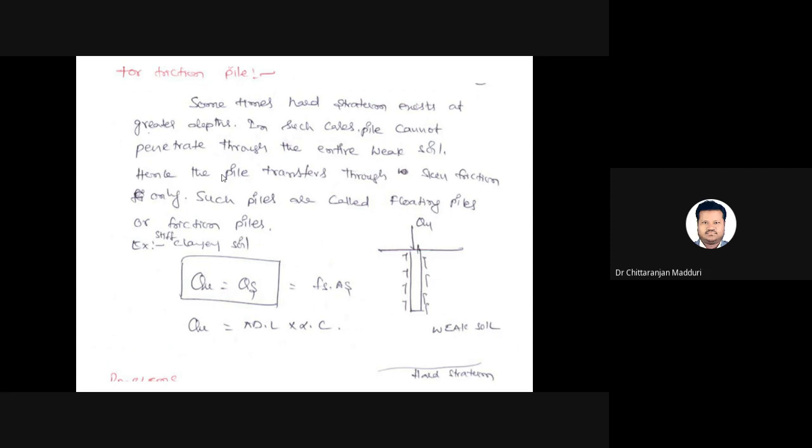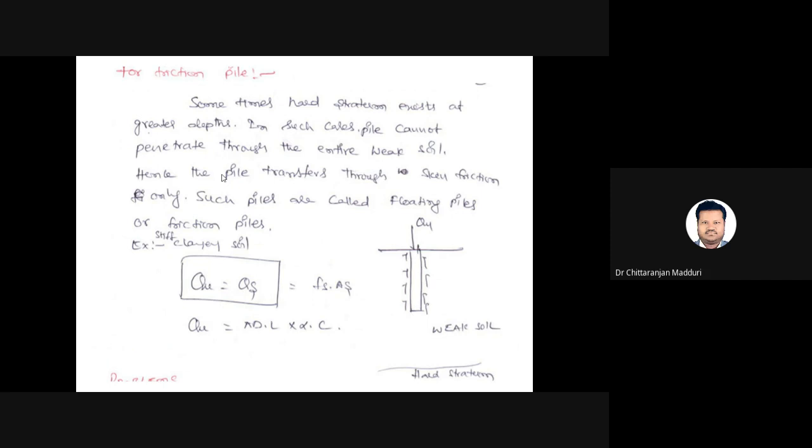In such a case, it is not economical to extend the pile up to the hard stratum, so we will insert the pile up to a certain depth only. Here, the entire load applied on the pile is taken by the friction between the pile and the soil. So such piles look like they are floating in soil. That's what is called floating piles. The entire load is taken by friction, and it is called a friction pile.